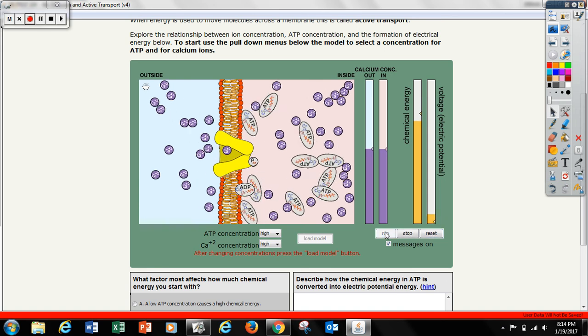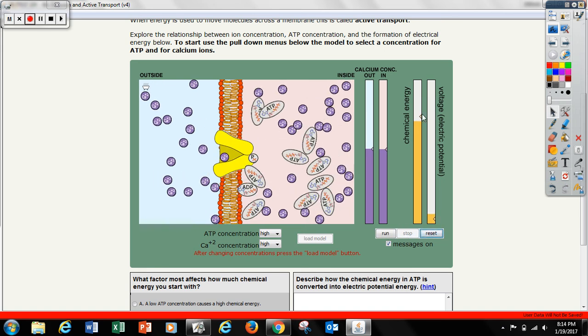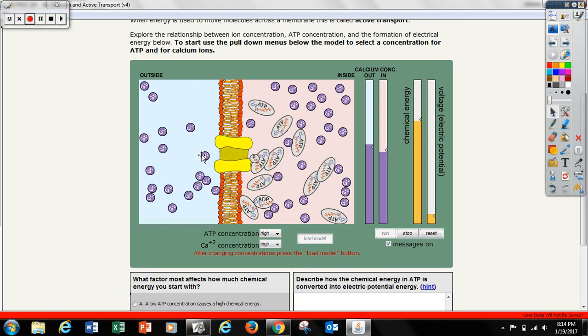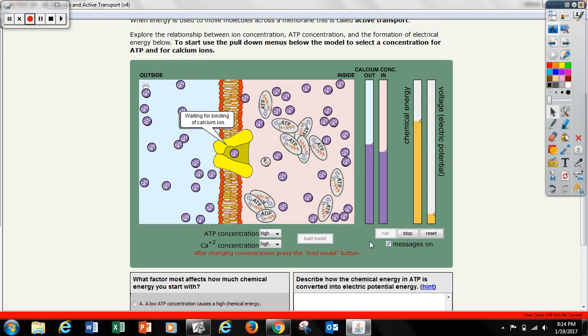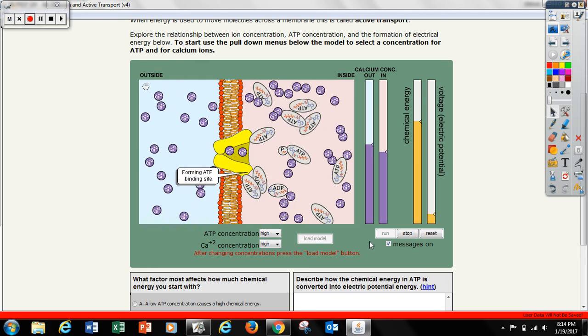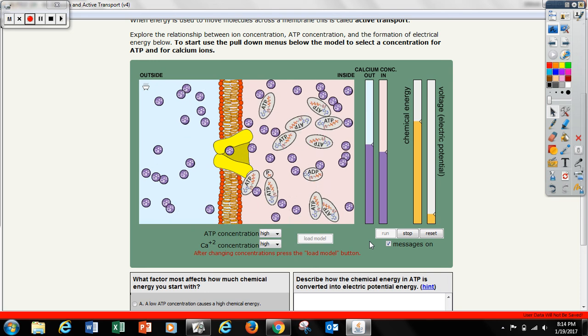And you'll also notice now the chemical potential energy from before, this is where we started, has dropped a little, and the electrical potential has gained a little. And so now that calcium bumbles out there, and now we wait for another one. The protein channel goes back. There's another one. There's our binding site.